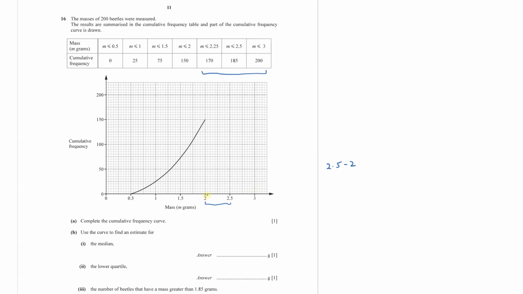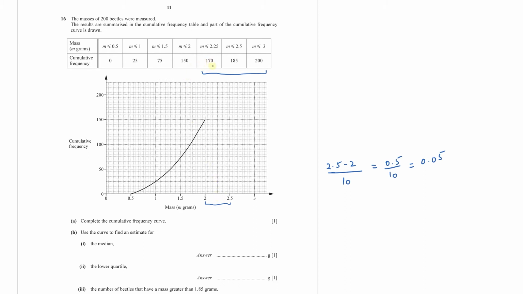And how many small boxes are there? 1, 2, 3, 4, 5, and then 10. So this change of 0.5 is represented by 10 boxes. So each box is 0.5 divided by 10, which is 0.05. So each of these small boxes represents a change in value of 0.05.